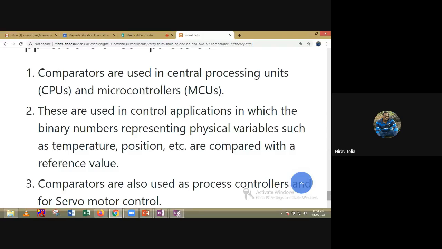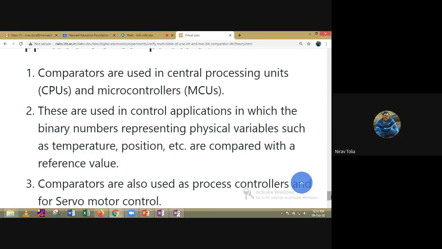Again, if your room temperature is higher than your AC temperature, the comparator compares the two temperatures, and your AC will start automatically. It is one type of programming, but for that programming we require the comparator.